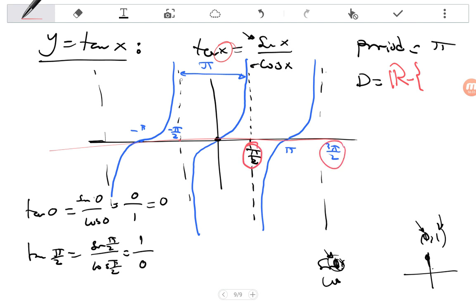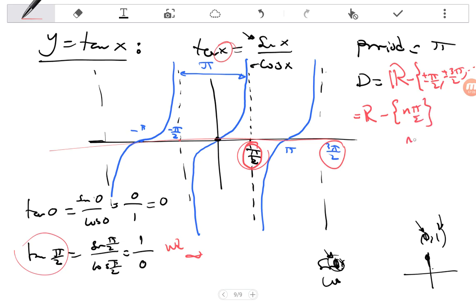We have learned here that there are some values for which tan is undefined or equal to infinity. Infinity is not a number, so it is not considered part of the domain. When you have a function growing to infinity, we don't consider that point in the domain. So we exclude these values, which are plus or minus pi over 2, plus or minus 3 pi over 2, and so on, which we can express as R except n pi over 2.